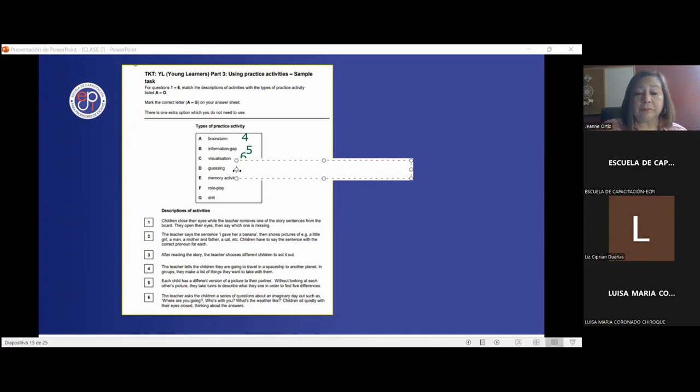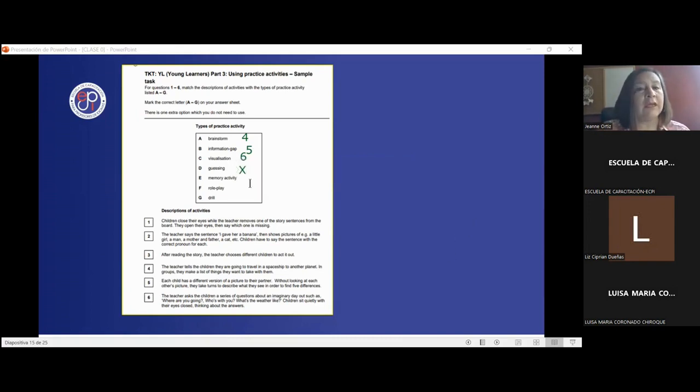One. Children choose their eyes while the teacher moves. Not really. So guessing is the extra idea.